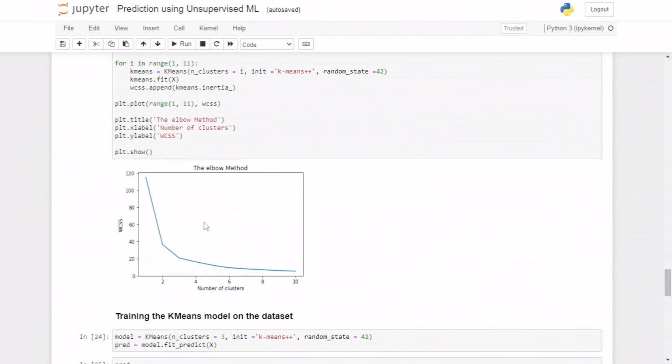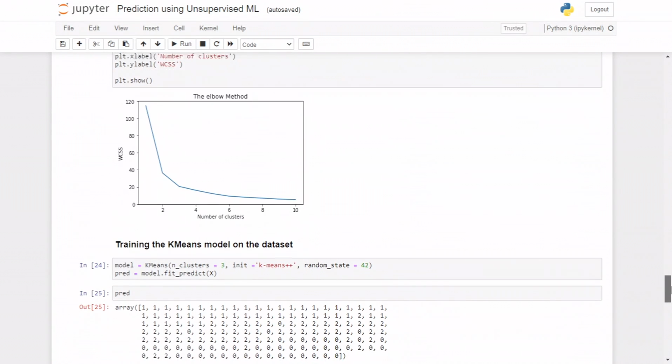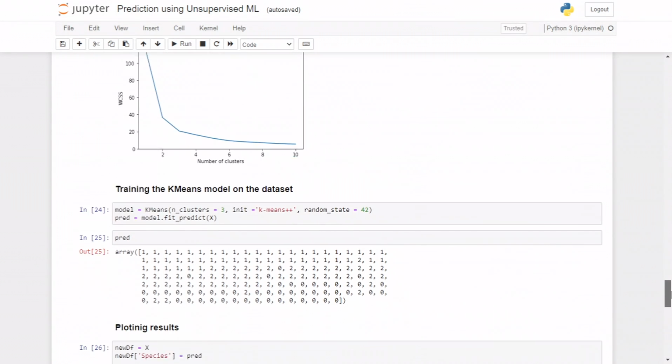From the graph we can see that it is an elbow, and from k equal to 3 it doesn't curve very much, so we can conclude that there are only 3 clusters.